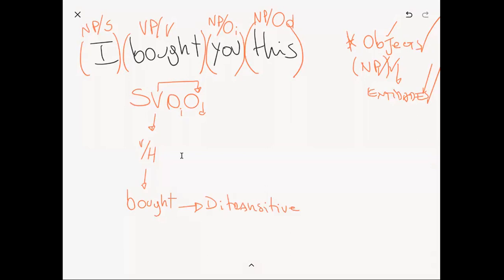What does it mean? It means it needs two objects after it, right? So this valency pattern is a product of this transitive verb, right?